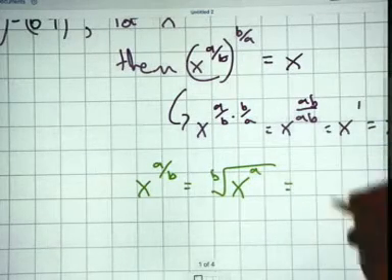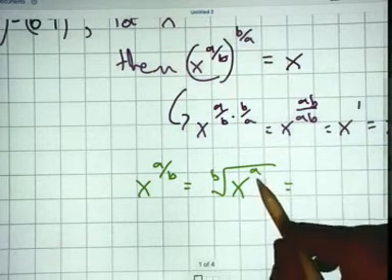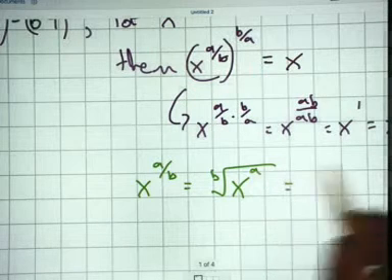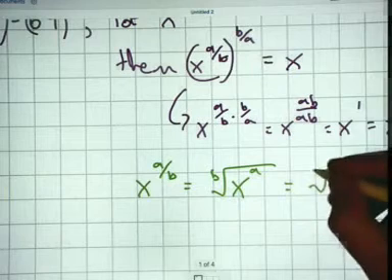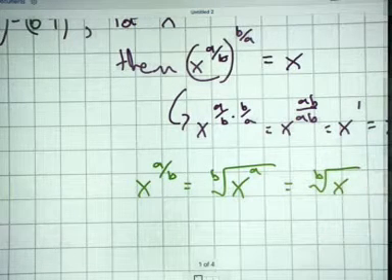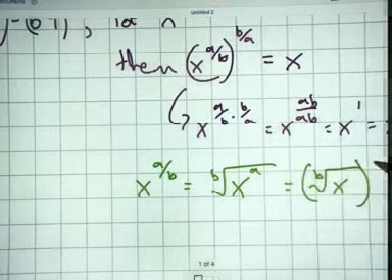Another way to write this is the power of a can float in or out of the radical, so you could write this as the b root of x raised to the power of a.